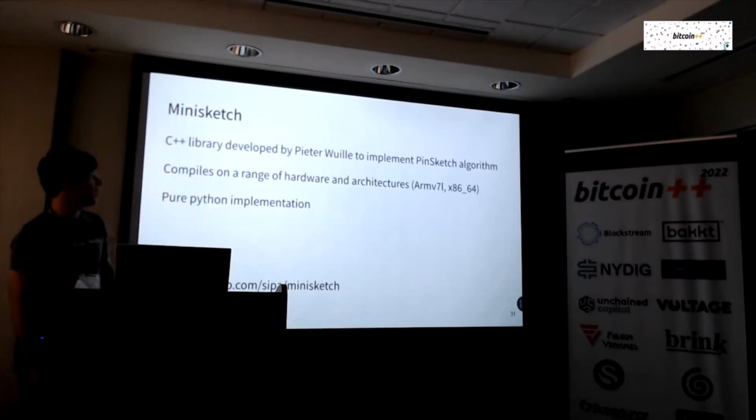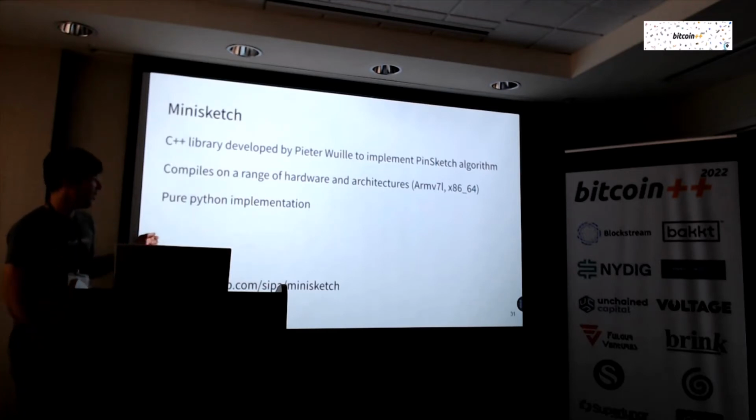So Minisketch is a C++ library that was developed by Pieter Wuille, and it's implementing the PinSketch algorithm. It runs on a wide range of architectures and hardware, and it's optimized with some tables to help solve the roots in a time-efficient manner.